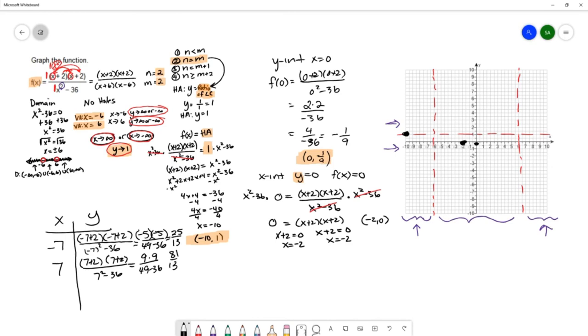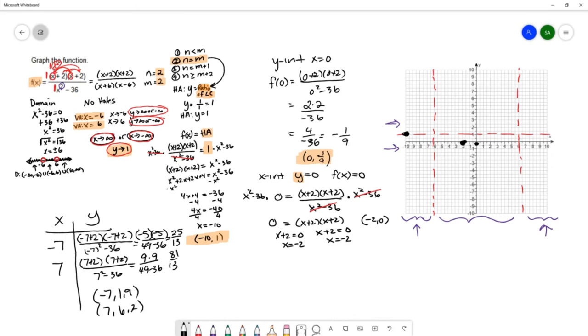And 81 over 13, oops, I multiplied instead of divided. 81 divided by 13 is just a little bit more than 6. So we've got two ordered pairs, -7 and 1.9, and 7 and 6 point about 2.